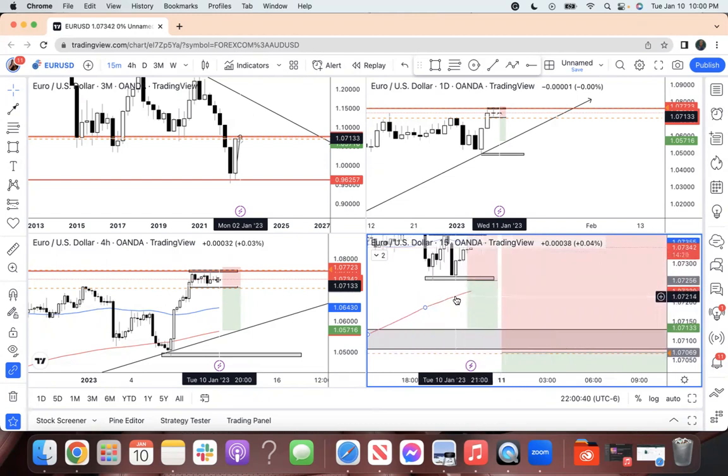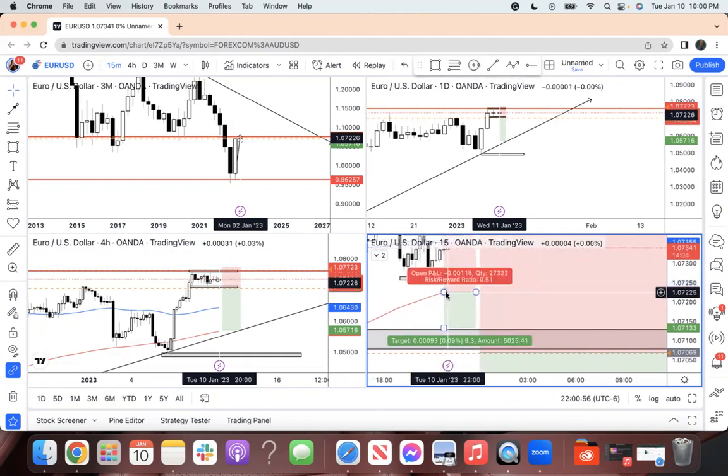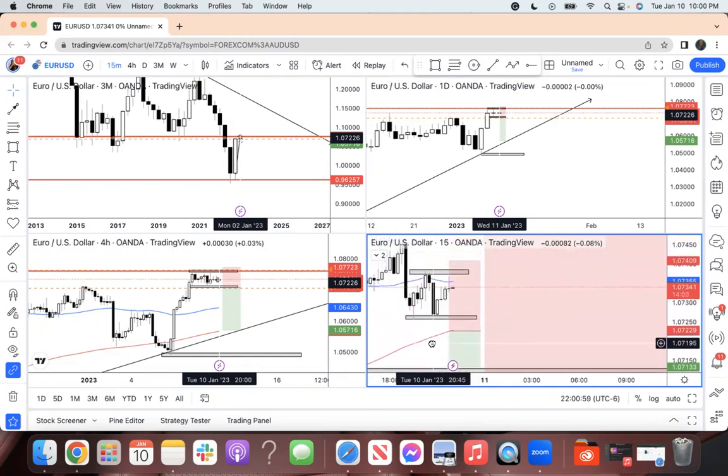Because this is also at my moving average, I would probably enter somewhere right here after price has broken this moving average.